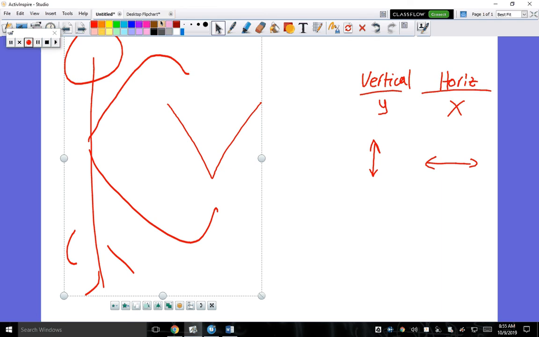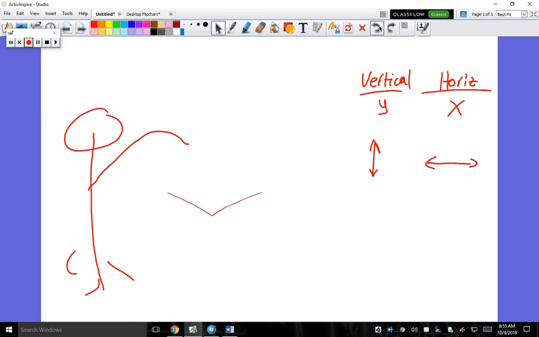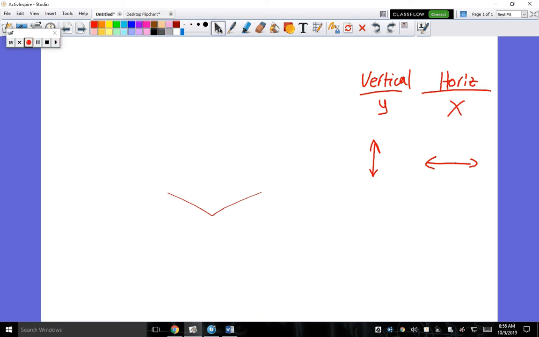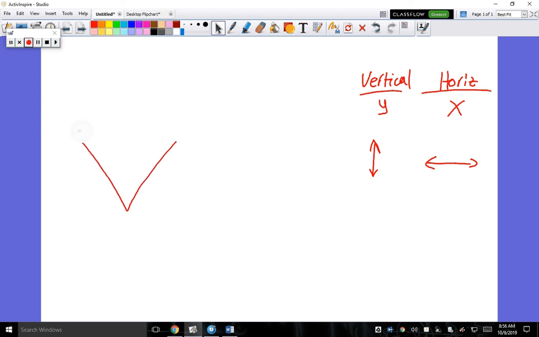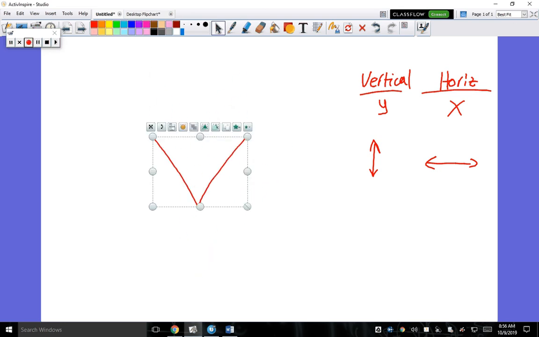And then the other ones are just simply shifts, which are translations, which are just slides. So if I looked at, again, the absolute value function, a shift could be this. Shift to the left, shift to the right, or shift up or down. Are we good? And last but not least, reflections. Reflections are like when you look in the mirror and you see your reflection.